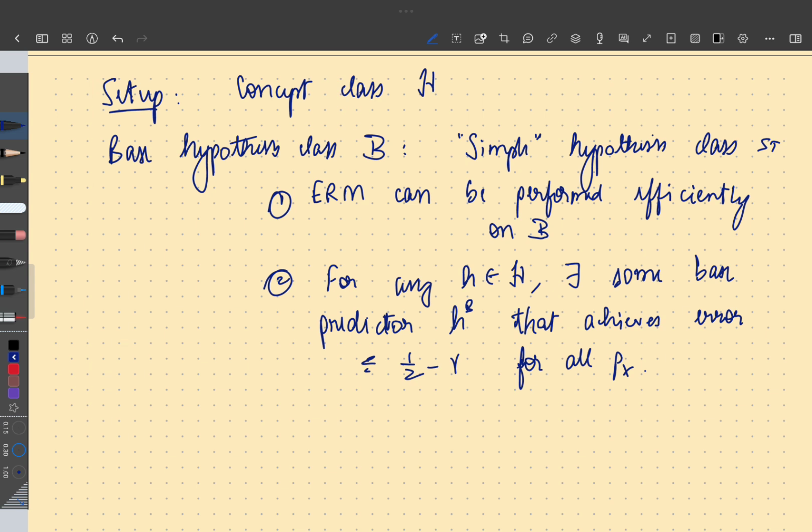So essentially there is a computationally efficient weak learner over the hypothesis class B when the concept is coming from H.